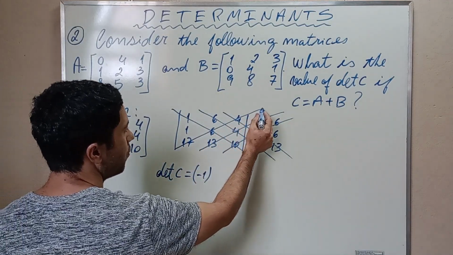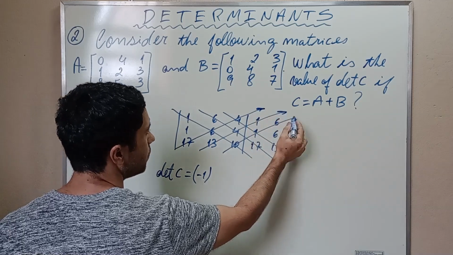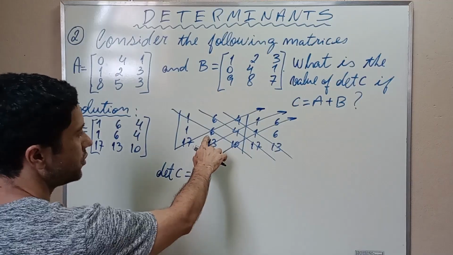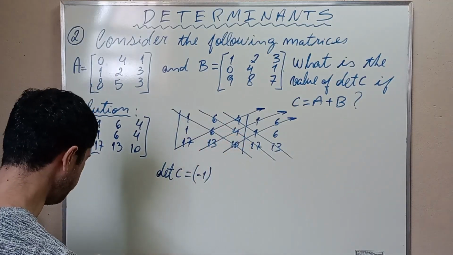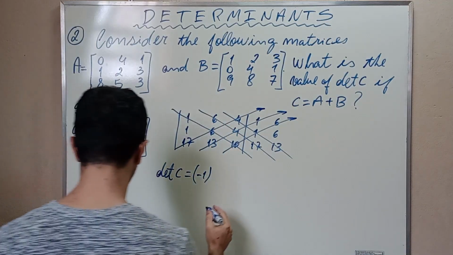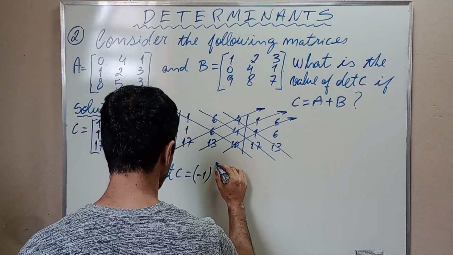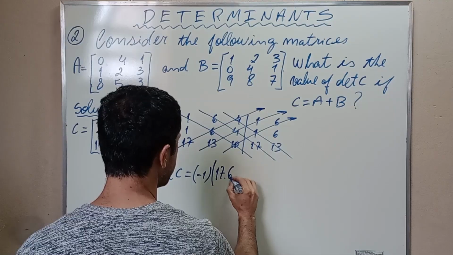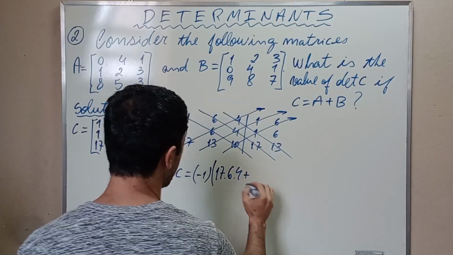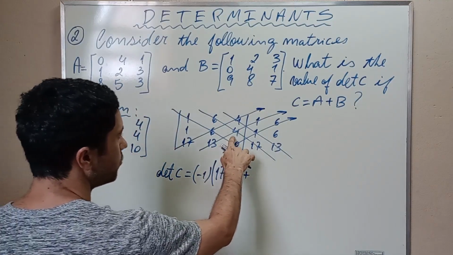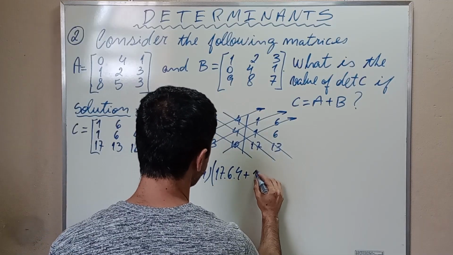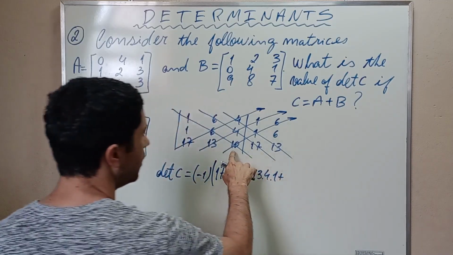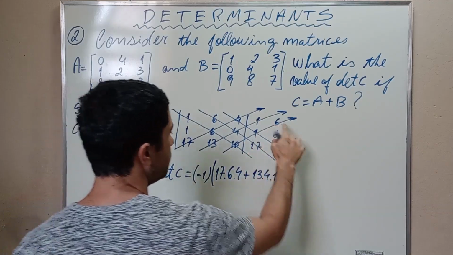Okay, follow the arrows. 17 times 6 times 4 plus 13 times 4 times 1 plus 10 times 1 times 6.